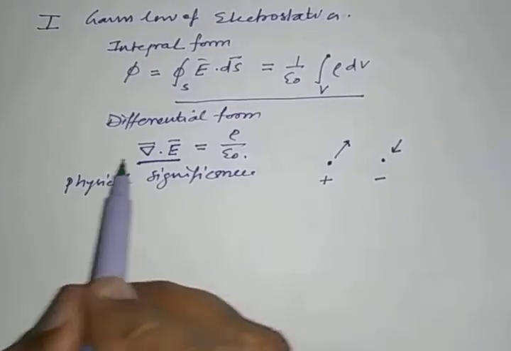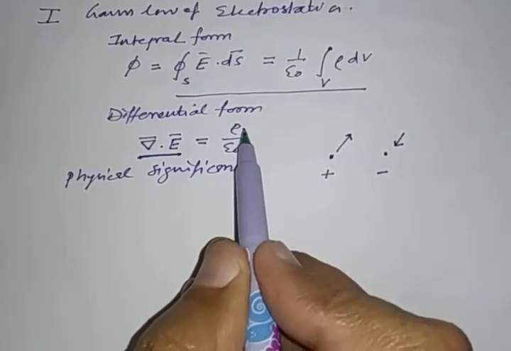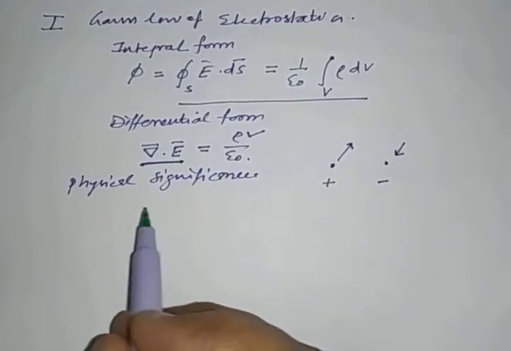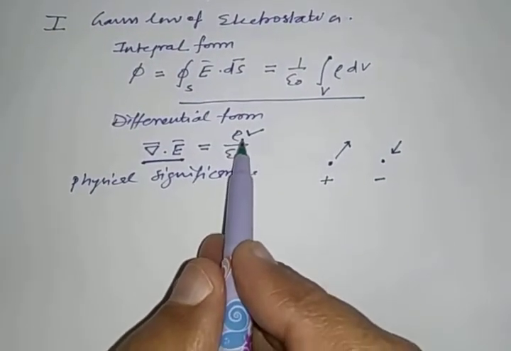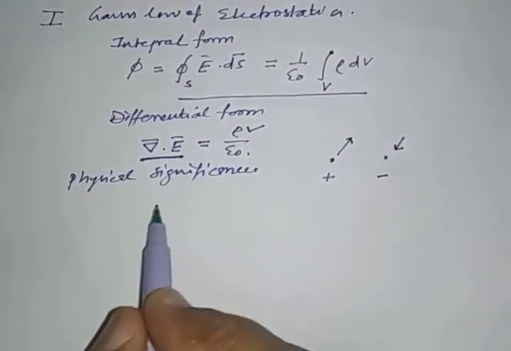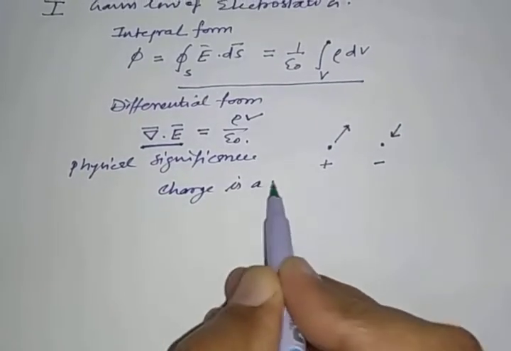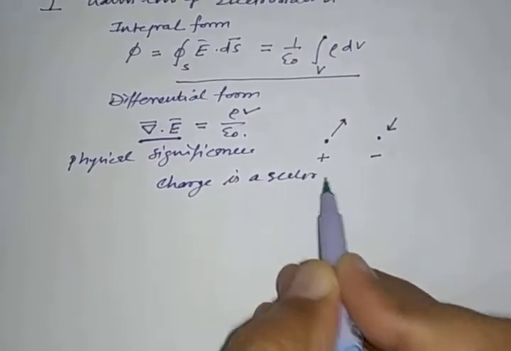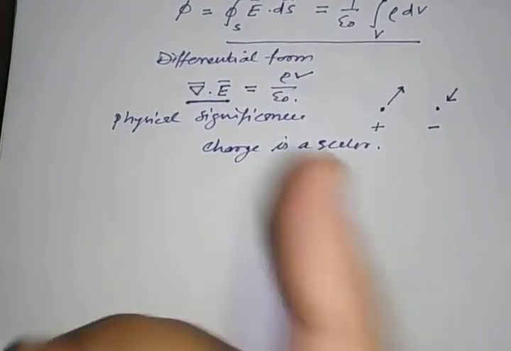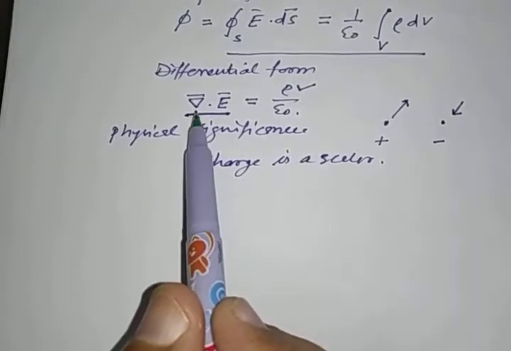So based on the fact that the left hand side represents the divergence of the electric field, the right hand side charge density nature can be determined. Charge density can be positive or negative, or we can say the charge is a scalar quantity over here. So that's the main physical significance, that we can determine the nature of the charge based on the divergence of electric field.